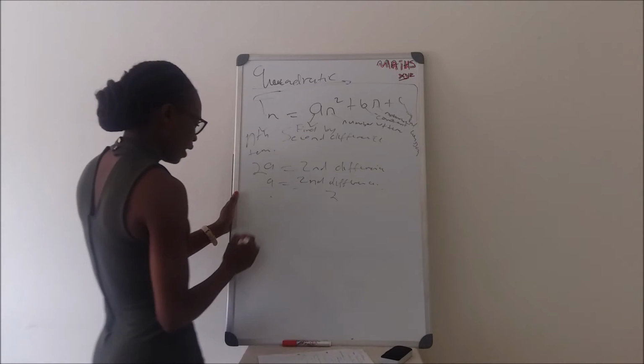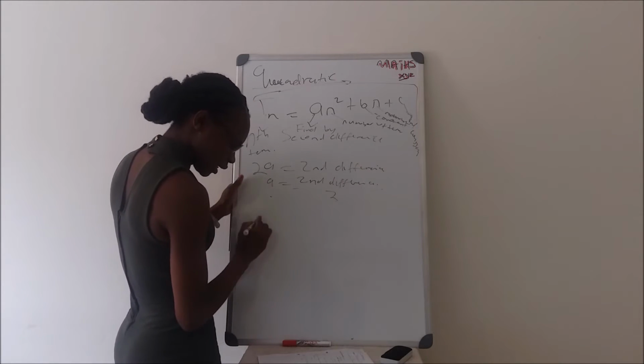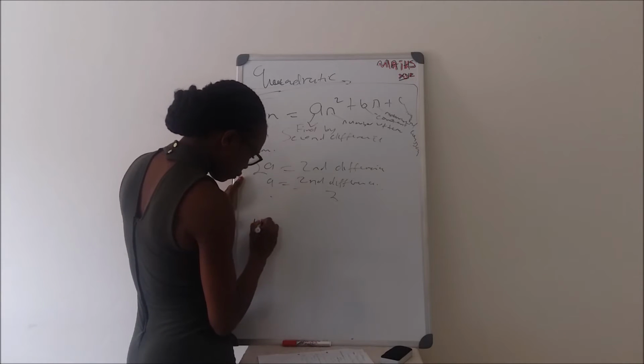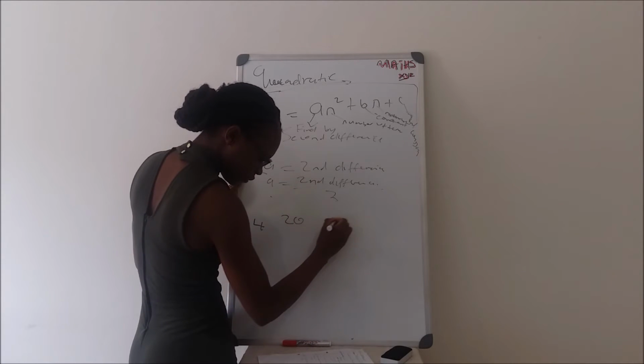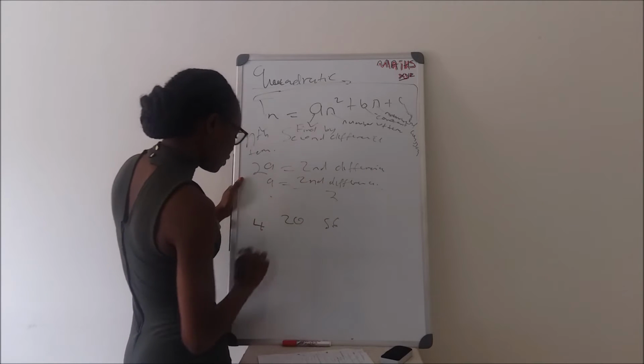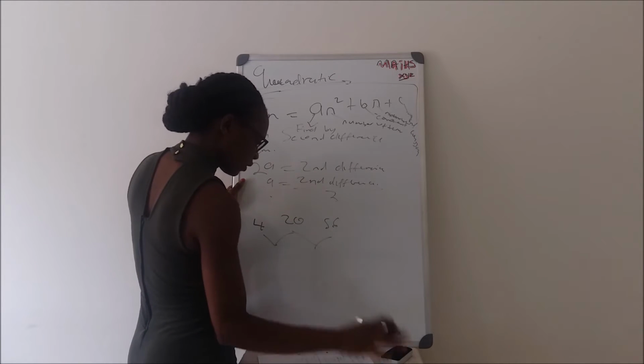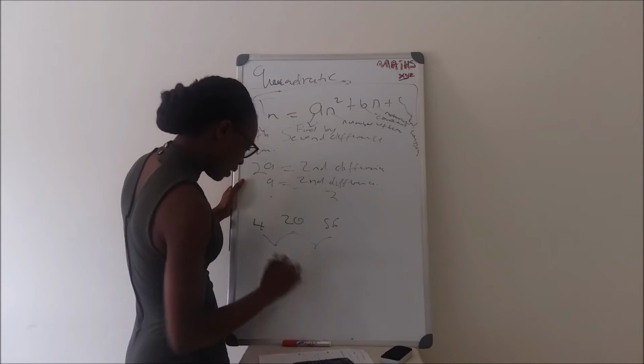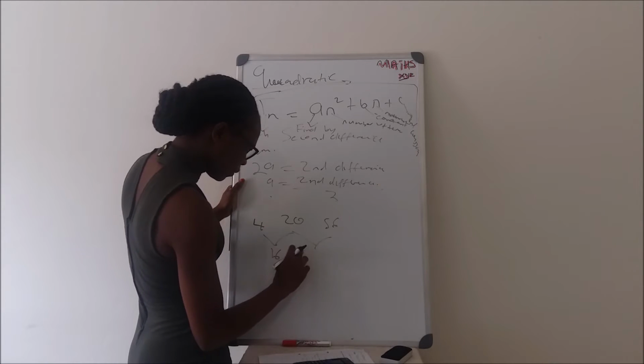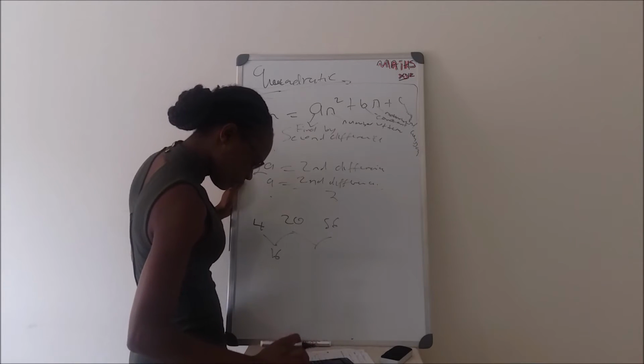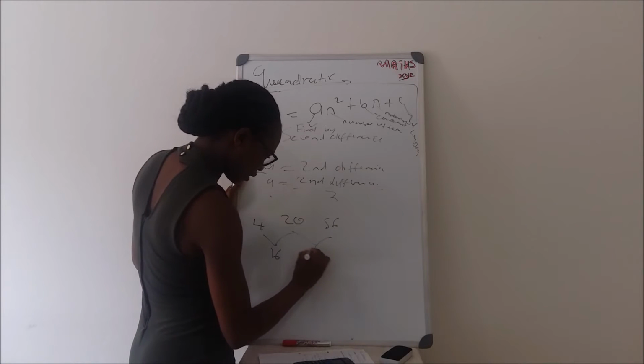Meaning that if we have an expression, let's say 4, 20, 56, for example, the first difference here will be 20 minus 4, which is 16. 56 minus 20 will be 36.